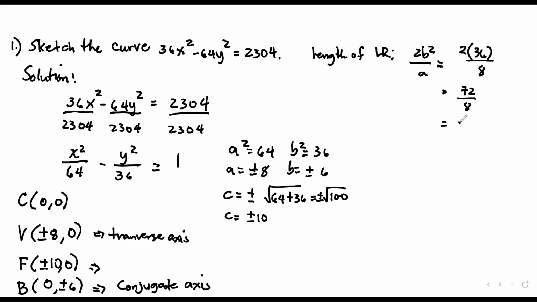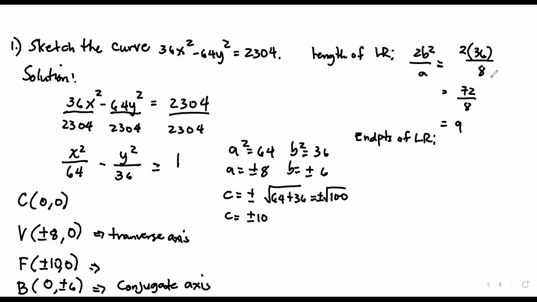So, the length of the lattice rectum is 9. And then, endpoints. Endpoints of lattice rectum. Yun yung mga kailangan. Vertices, lattice rectum, foci, endpoints ng conjugate and transverse axis.